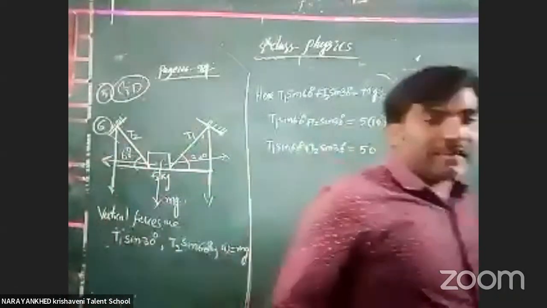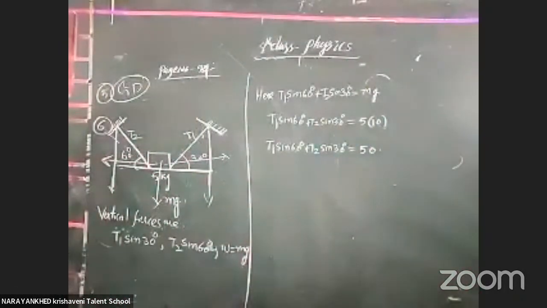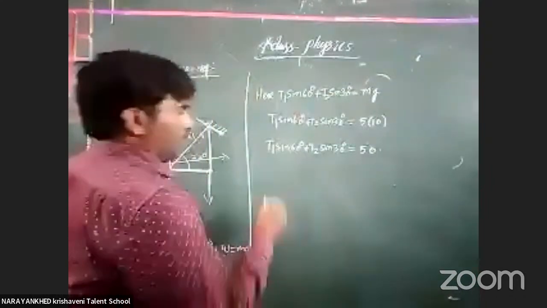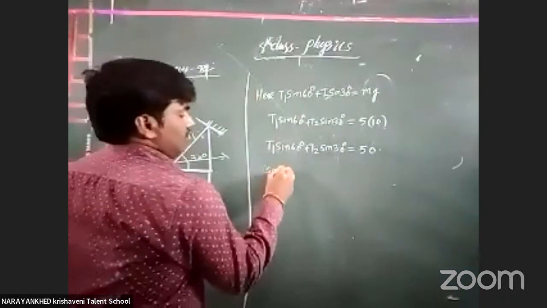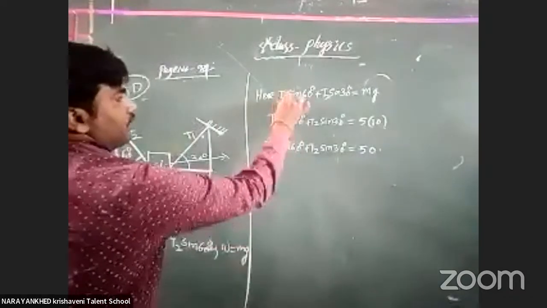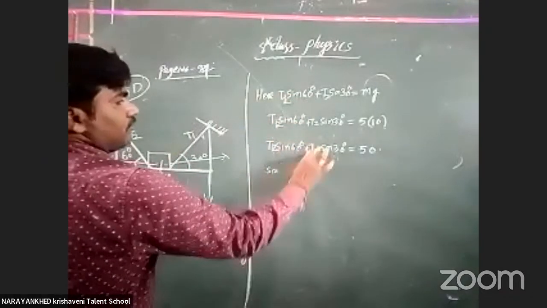You know very well the sin 60 value and the sin 30 value. What is sin 60? Root 3 by 2, and sin 30 is equal to 1 by 2. Clear or not? Sorry, here this is T2 now, and this is T1.